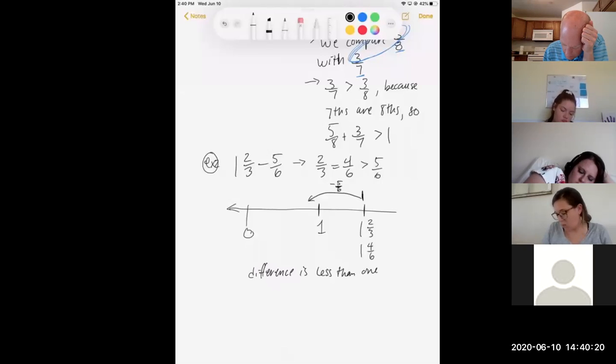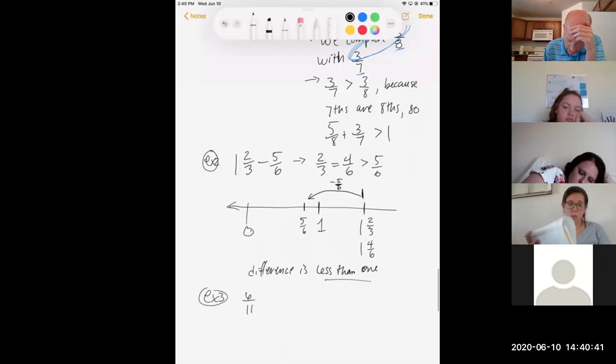So you can use reasoning with fractions. You can use a picture. Okay. Now here's one more. 6/11 plus 8/15.